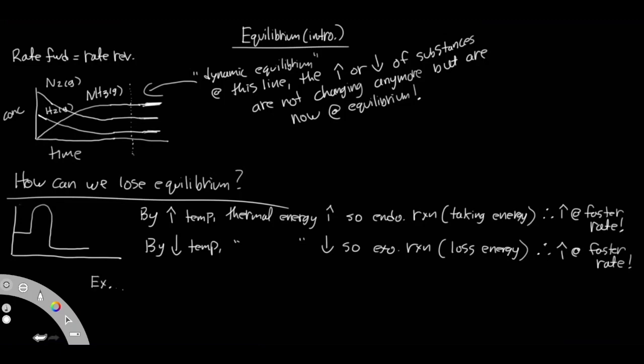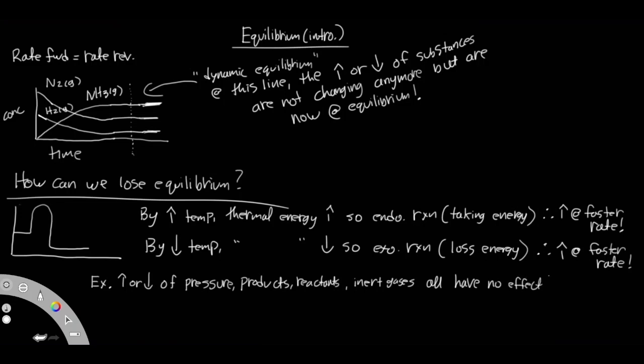For example, pressure, if there's an increase or decrease of pressure, or the addition or the removal of the products or reactants, or the addition or removal of inert gases, all have no effect on this change.